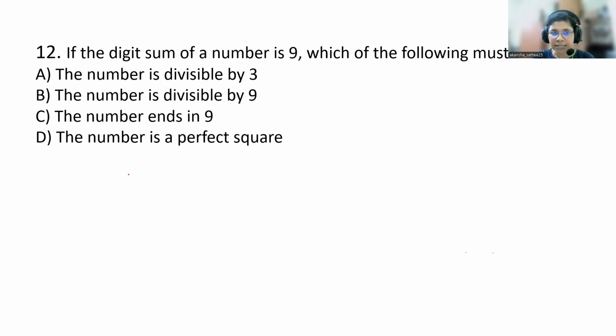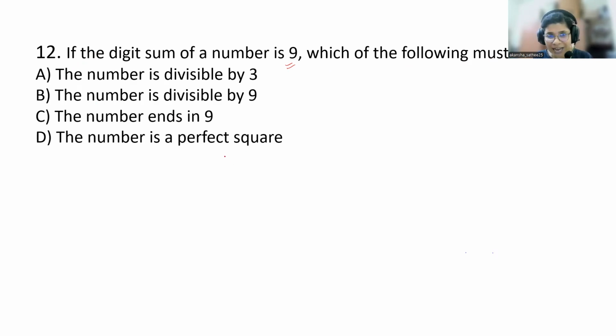Okay. Next, if the digit sum of a number is 9, which of the following must be true? So if digit sum is 9, what can you say? Number will be divisible by 3. Number will be divisible by 9. Number ends in 9. Number is a perfect square.